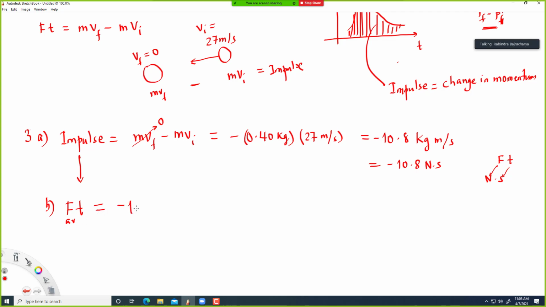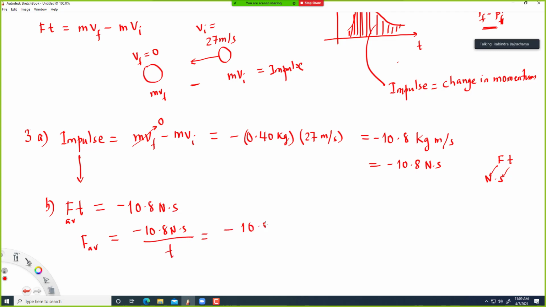So this is negative 10.8 Newton second. We want to find force, so divide both sides by time.